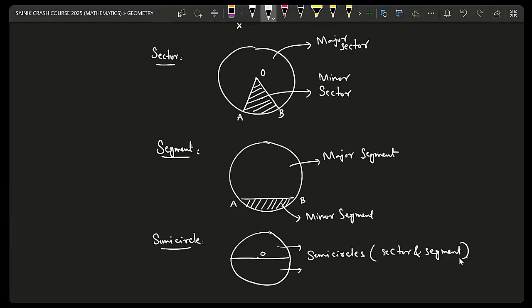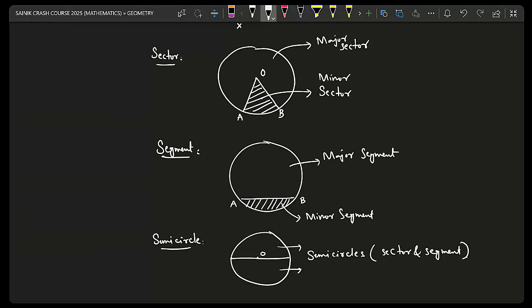If you have any doubts in these parts of a circle, you can raise a hand. Any doubts in circle parts? Kumar. Sir, yes, what's your doubt?